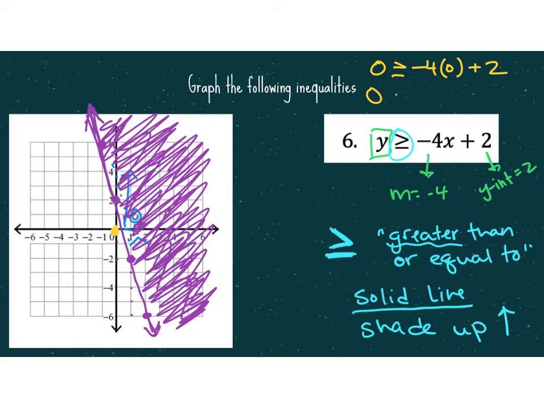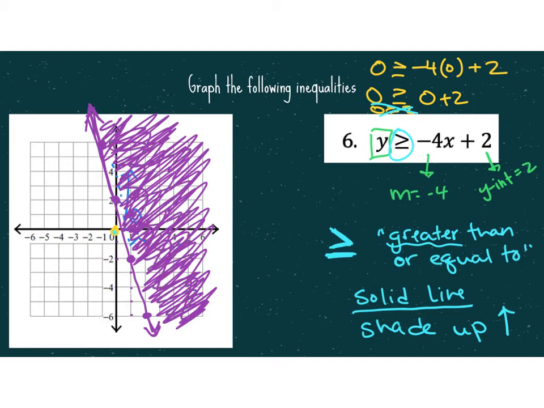I end up with 0 is greater than or equal to 0 plus 2, which gives me 0 is greater than or equal to 2. Now, is 0 greater than 2? No, it's not. This is not true. So that means that 0, 0 is on the wrong side of the line from my shaded solutions. So that's just another way of seeing that I need to shade the other side.